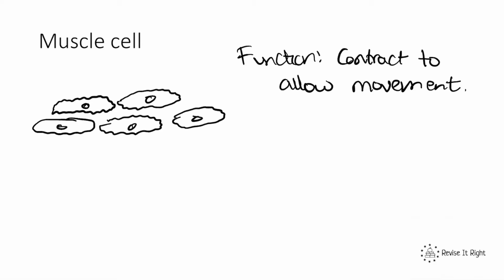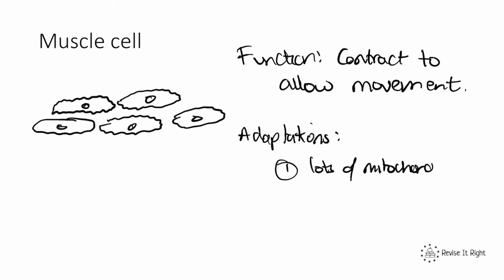Now, some adaptations that you need to be aware about for muscle cells. Okay, one is that they contain lots of mitochondria, just like we did with our sperm cell. Again, for the same reason, for lots of energy. Muscle cells have sometimes got to do lots of movement, therefore they're going to need lots of energy to do this. So lots of mitochondria to provide lots of energy. That's one adaptation.